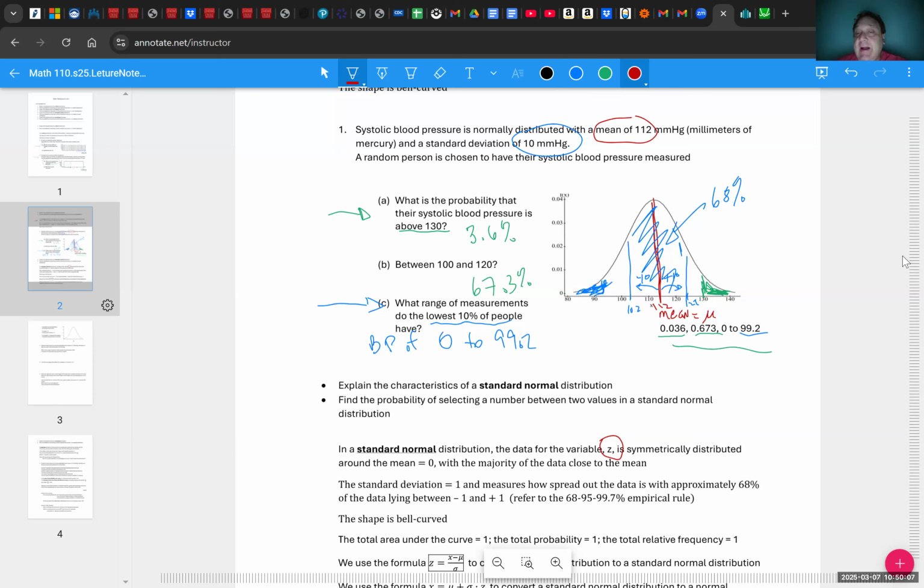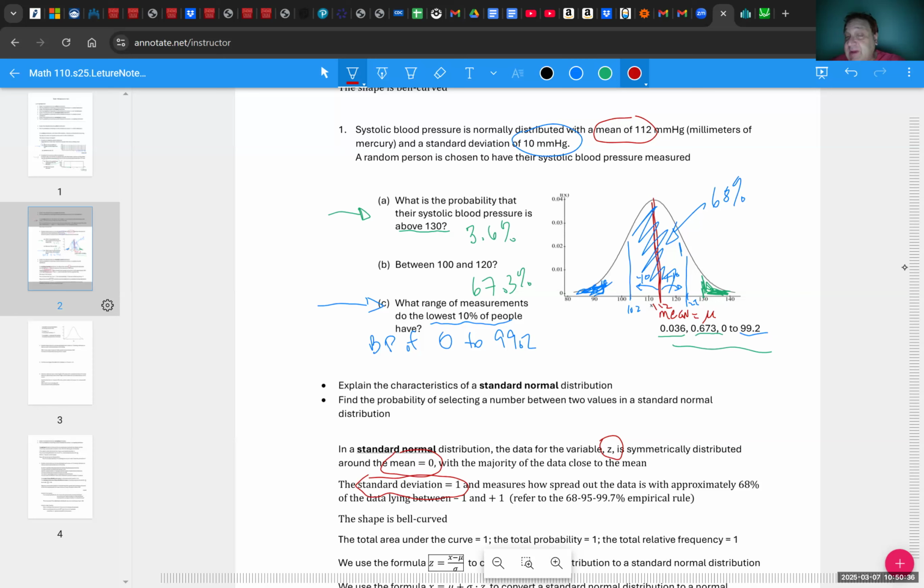But just like a normal distribution, it's symmetrically distributed around the mean. The mean is always 0. So for a standard normal distribution, it will always have a mean of 0. And the majority of the data is close to the mean, just like for a normal distribution. The standard deviation is always 1, and it measures how spread out the data is.